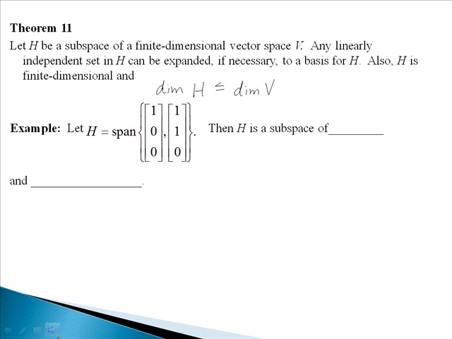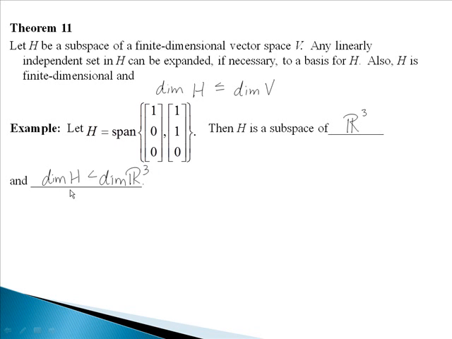So in this example, we're going to let H be equal to the span of these two vectors here. Then we see that H is a subspace of R3, and since H is the span of these two vectors, it's the column space of a matrix, so we know it is a subspace. And the dimension of H is less than the dimension of R3.